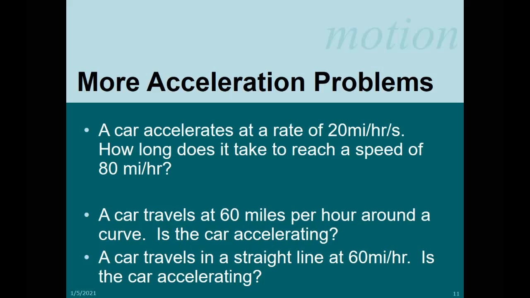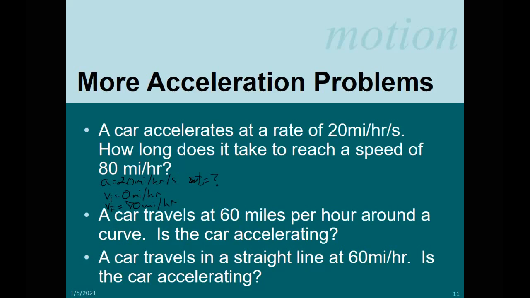So when we write down what we have and what we need, A equals 20 miles per hour per second, and if we assume that we go from a VI, or initial velocity, of 0 miles per hour to a VF of 80 miles per hour, we need to solve for time. T equals question mark. That's what we're looking for.